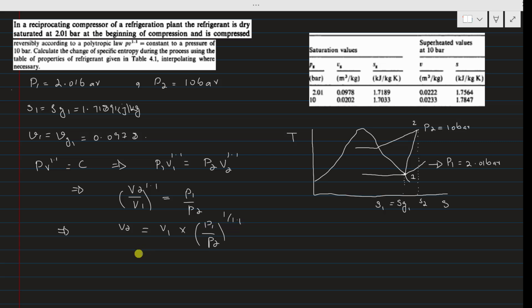Now just enter the corresponding values and you will get the V2 value. What is V1? That is 0.0978 meter cube per kg. It's a specific volume, remember, so don't forget to write the units.